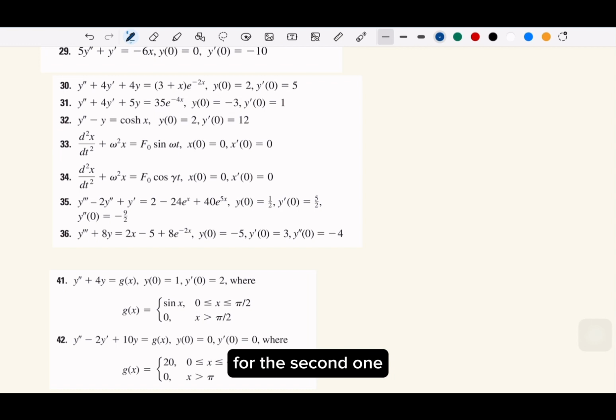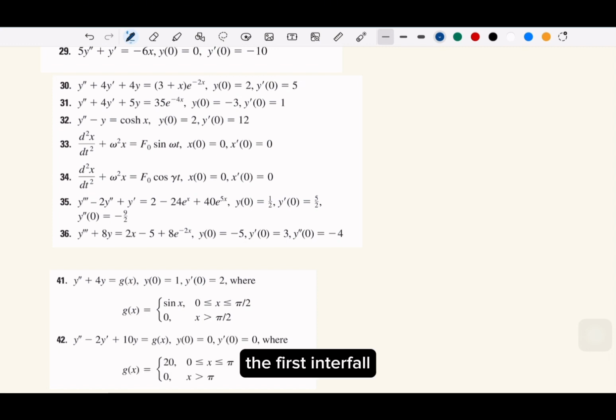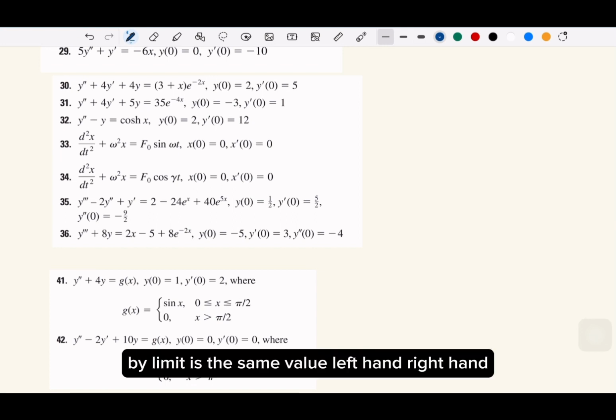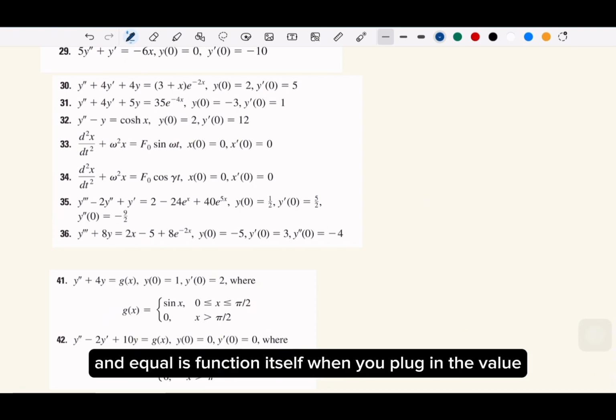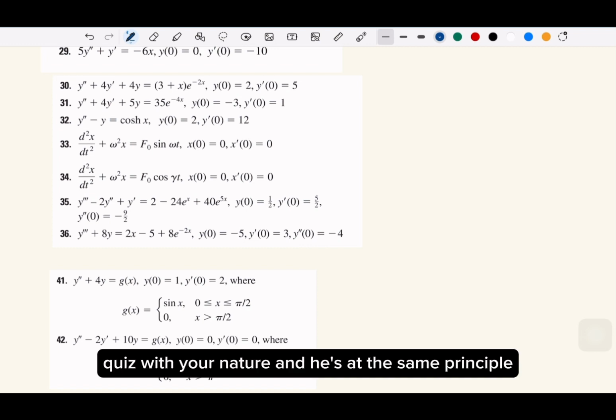For the second one, you cannot use this one. So how you get this second solution is basically through continuity. You need to make the first interval's limit the same value, left hand and right hand, and equal to the function itself when you plug in the value. So it's the same with your quiz, with your midterm exam, the same principle.